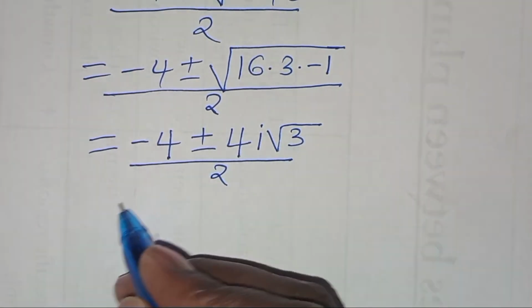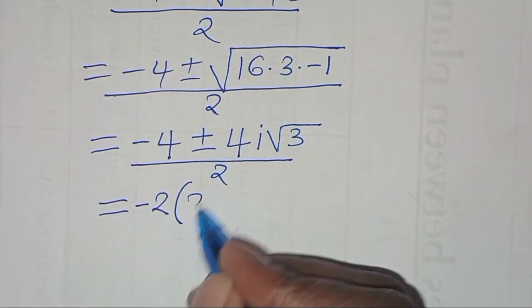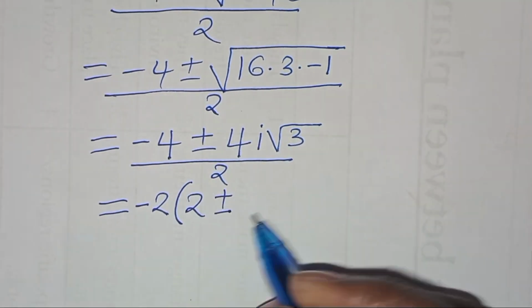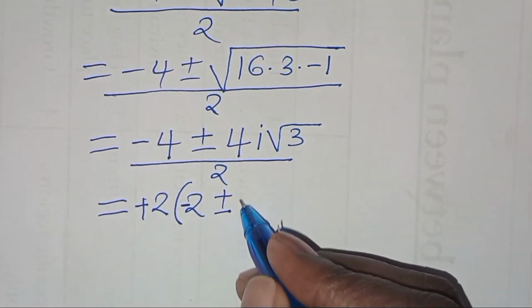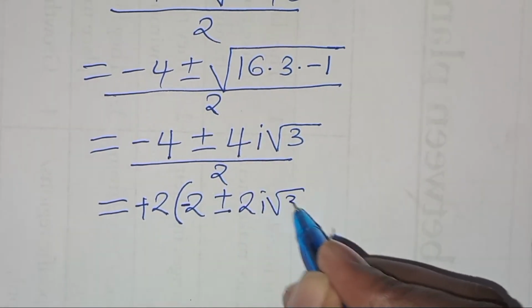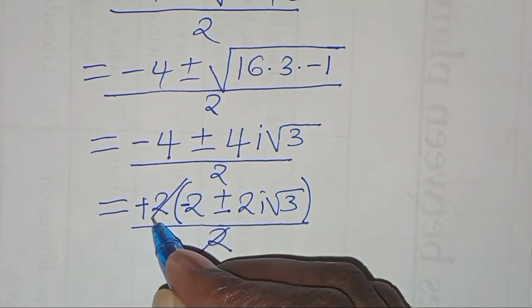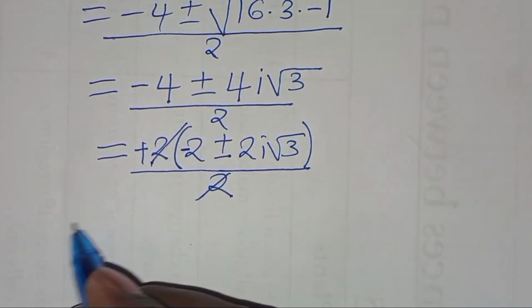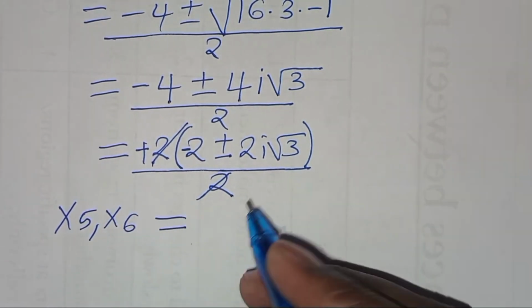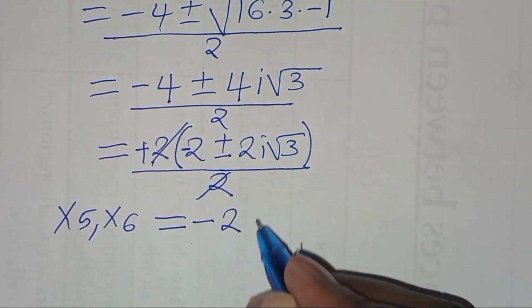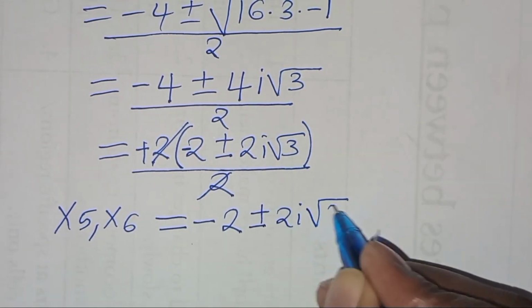So here we can factor out 2, so that here we'll have 2 times minus 2 plus or minus 2i square root of 3, then divided by 2. So this 2 and this 2 simplify, so that now x5, x6 is the same thing as minus 2 plus or minus 2i square root of 3.